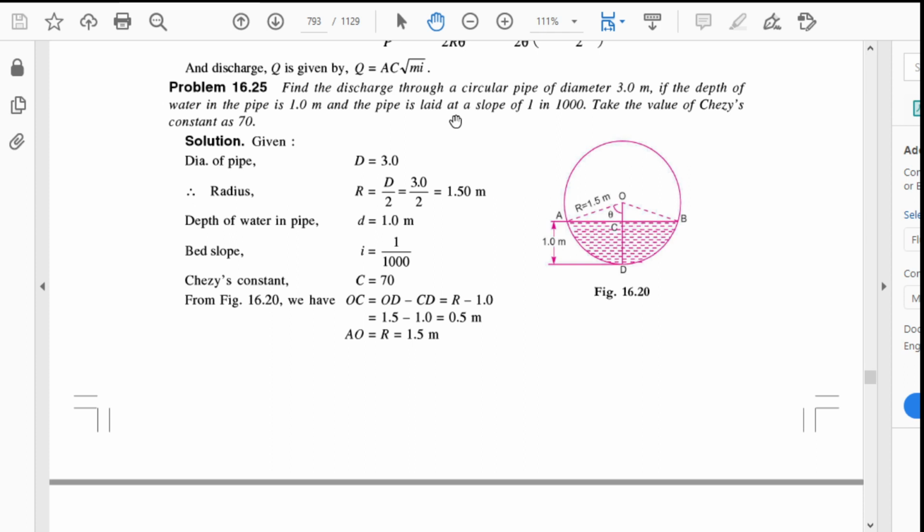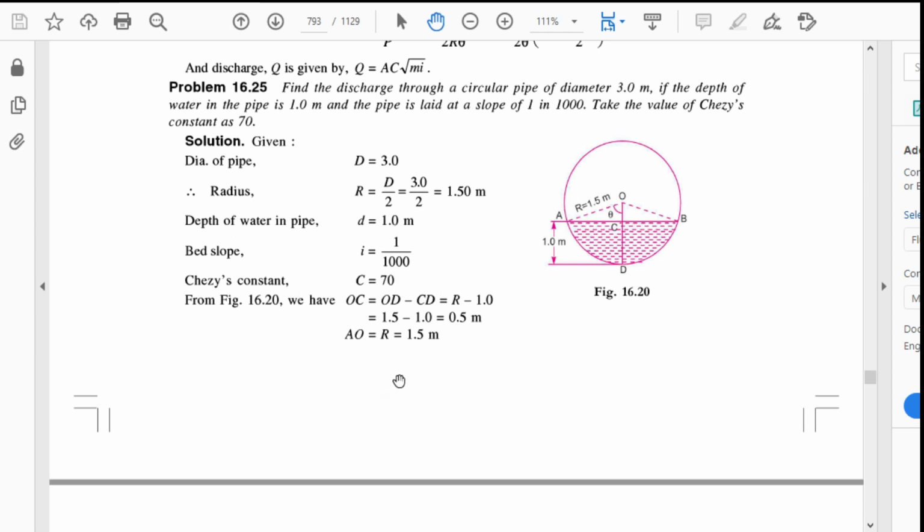And C is also given, that is the value of Chezy's constant, C is 70. Now as diameter is given as 3 meters, radius will be half of your diameter, that is 1.5 meters.